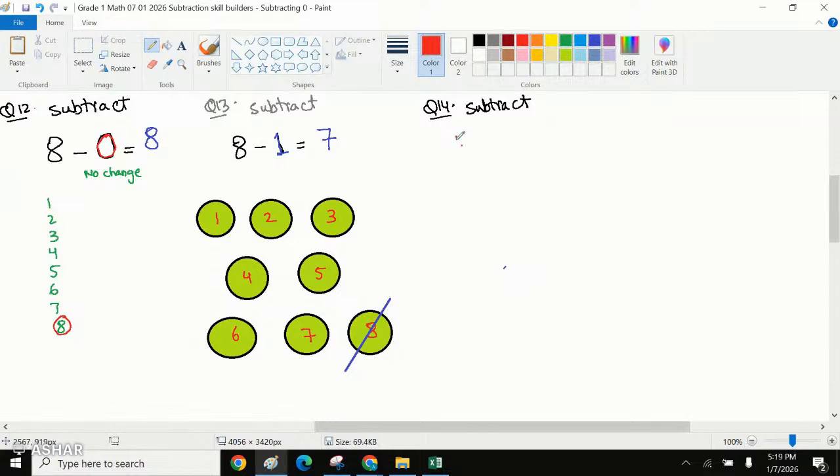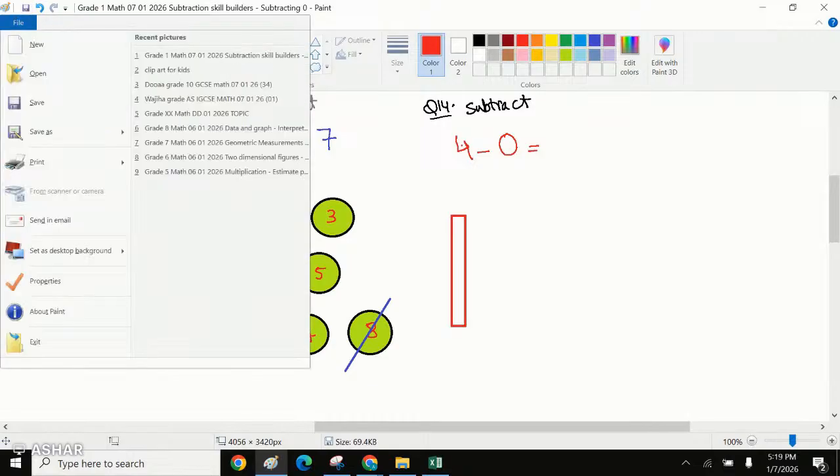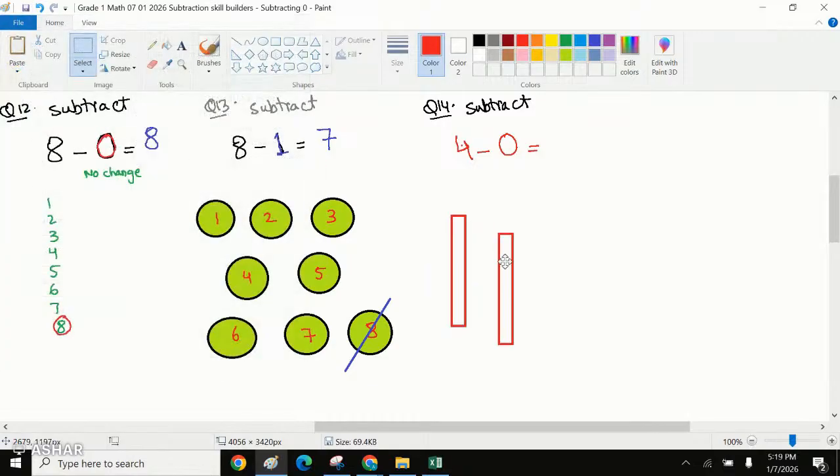The next question is saying 4 minus 0 should be equal to what? Can I have the answer? What is 4 minus 0? If we had 4 of these shapes, sorry, I'll just copy. If we had 4 rectangles and we need to remove no rectangle from it, and we are trying to remove no rectangle.